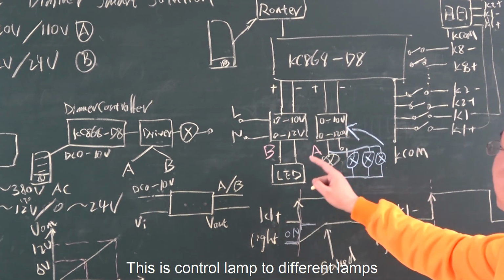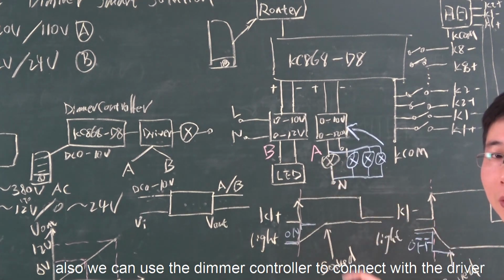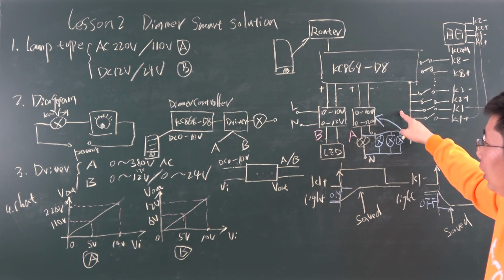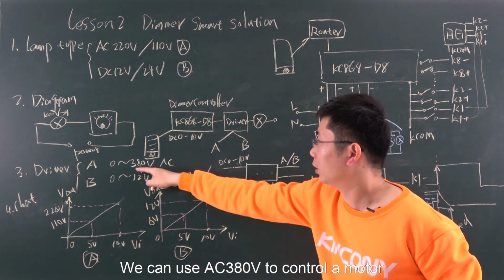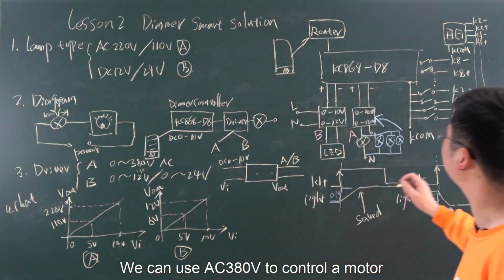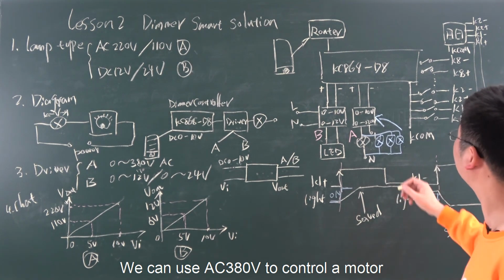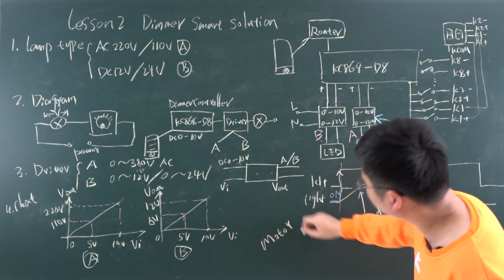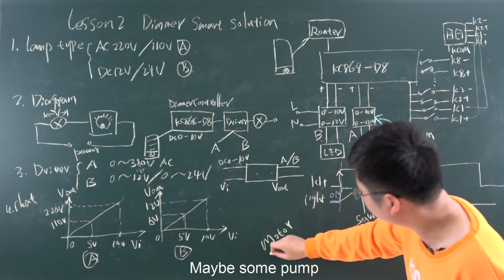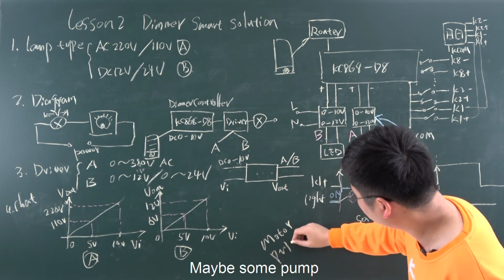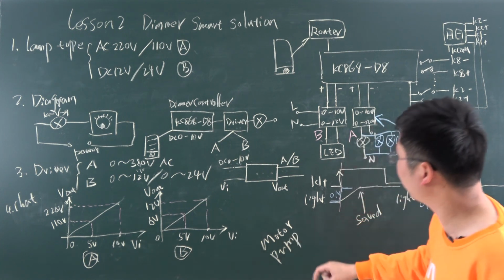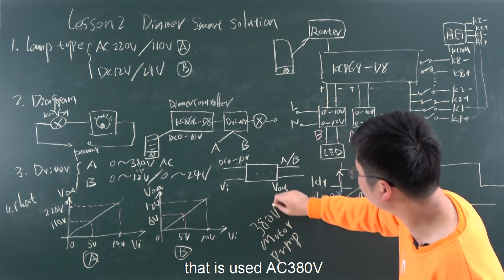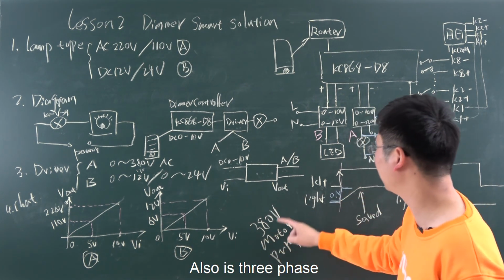So this is controlling 2 different lamps. Also, we can use the dimmer controller with the driver to control a motor, maybe some pump that uses 380 volts, which is also 3-phase.